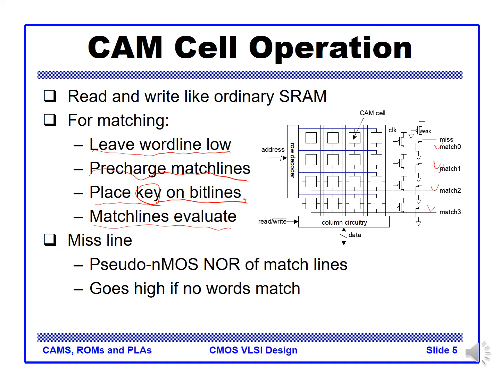If the value on the bit line matches the contents inside the SRAM, then the pull-down path inside the cell is disabled, and one of the match lines will stay high. So we can identify and locate where the matching entry is present.